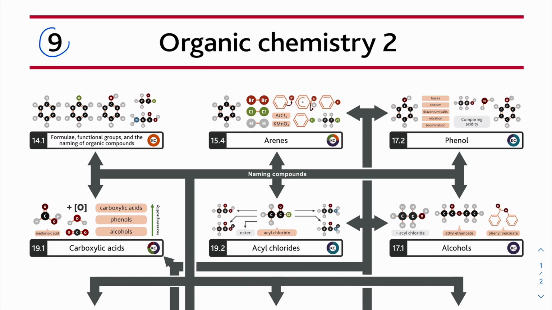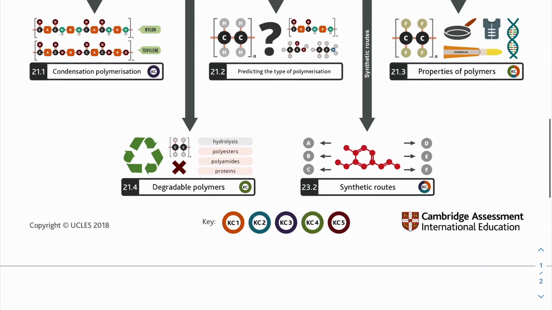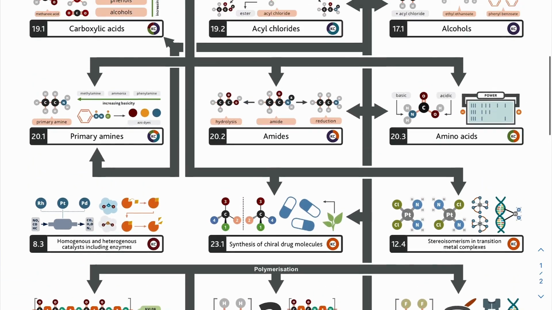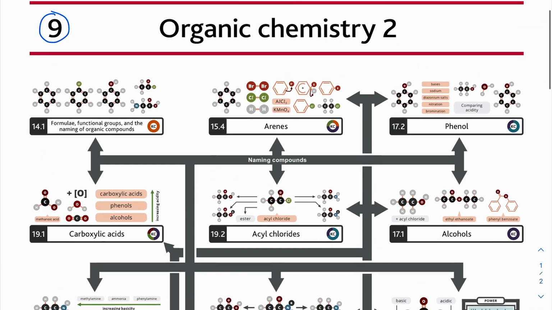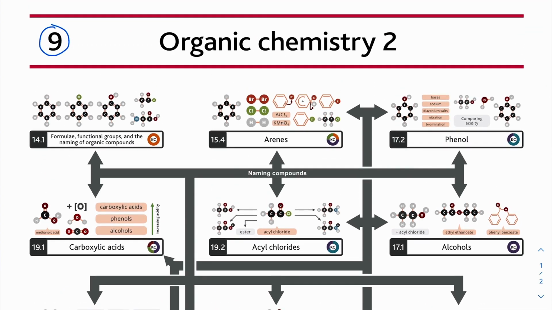This is the 9th out of the 10th video in this series on the infographic provided by Cambridge International Education for free on their Resource Plus website during the worst of the pandemic period back in March or April. A copy of this infographic can be obtained on the Google Drive link in the video description below.